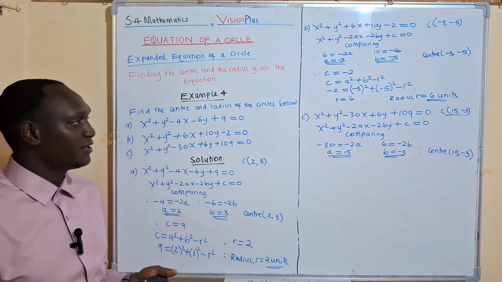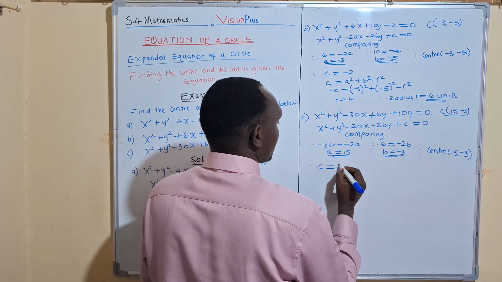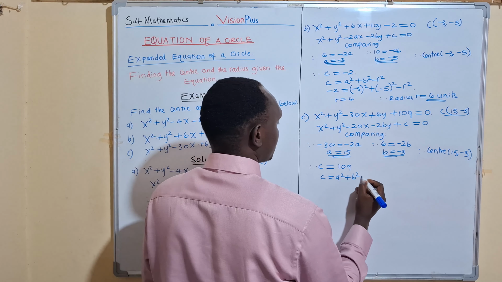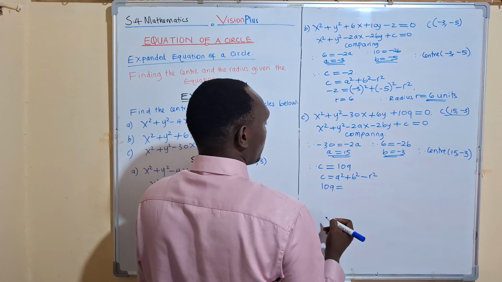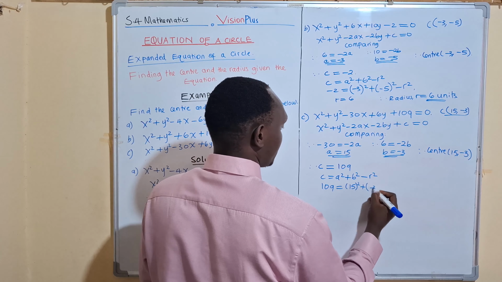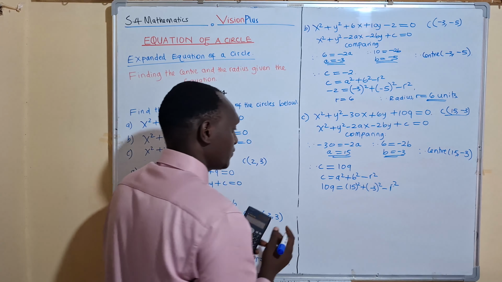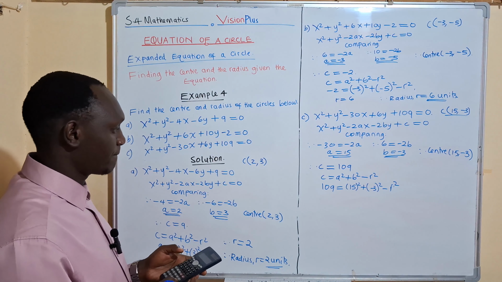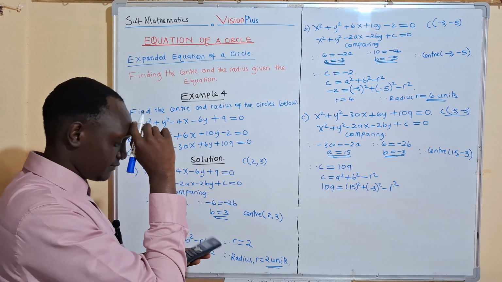After getting the center, then we find the radius. We have seen that c is positive 109, and c is given by a squared plus b squared minus r squared. So substitute: 109 equals, what is a? a is 15, but we are squaring it, plus what is b? Negative 3 squared, and then minus r squared. Then you press the calculator. 15 squared plus negative 3 squared minus 109, square root of 125.